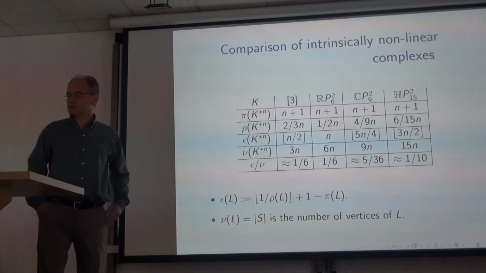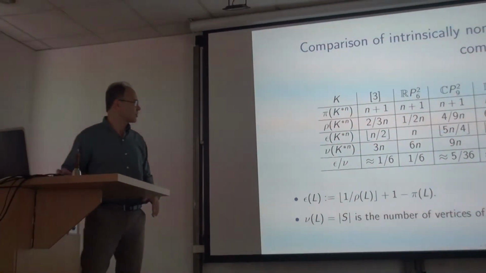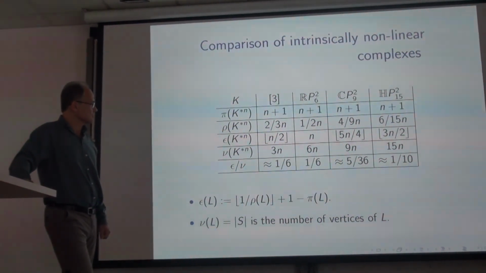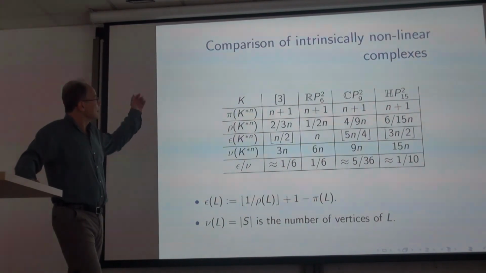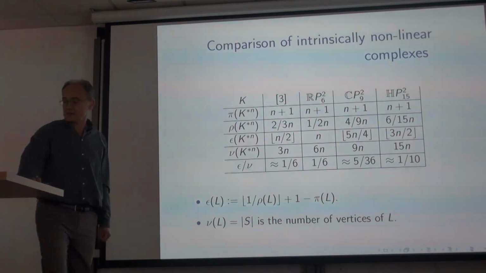Okay, since I have a few more minutes, this is essentially what I wanted to tell you, but just to remind ourselves what we are after and why we study unavoidable complexes, and in particular intrinsically nonlinear unavoidable complexes.